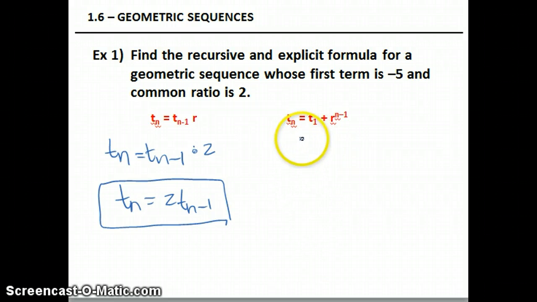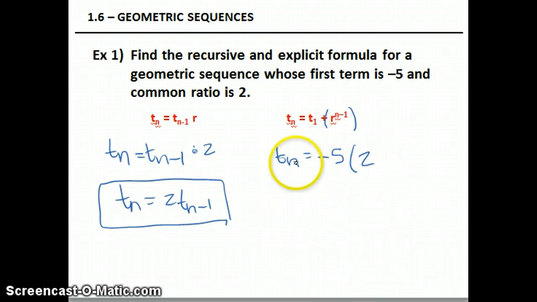Now let's look at the explicit formula. We still have our T sub n, not looking for anything specific. Do we know our first term? Yes, it's -5 times r to the n minus 1. So if our first term is -5, we plug that in. Our common ratio is 2 to the n minus 1.